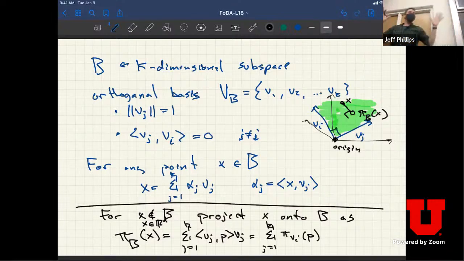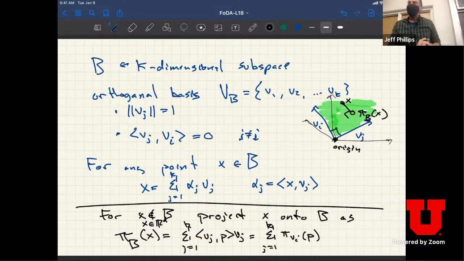The same way, if I'd chosen the orthogonal basis vectors with all zeros except for a 1 in that axis, I'd actually recover the coordinates of the points, but I'm just using a different basis here, a basis that defines my k-dimensional subspace. And so this is how I project in this space.